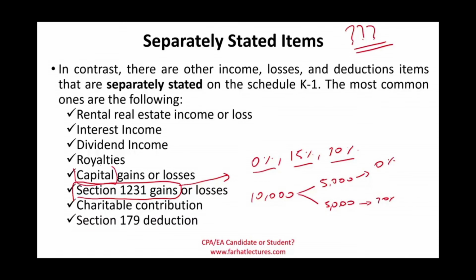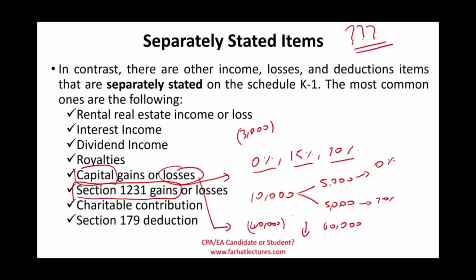Let's talk about capital losses. Remember, as an individual you can deduct up to $3,000 of capital losses. Let's assume the company overall had $40,000 in capital losses. If we bunched the capital losses with the other non-separately stated items, it would reduce ordinary income by $40,000, and everyone would take advantage of that.